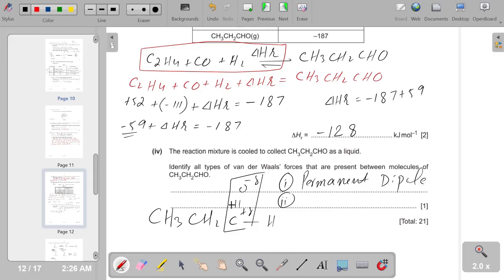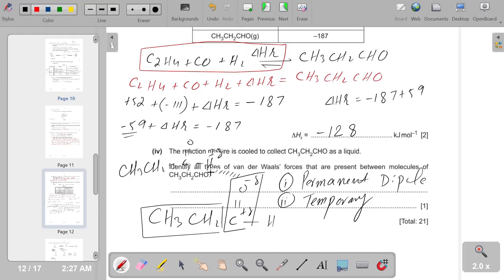Number two, you can see this organic area. Because of this organic area, it can induce temporary forces as well. Why temporary? Because when this molecule comes close to another similar molecule, for example CH3CH2CHO with this hydrogen positive, it can also induce a temporary dipole between this hydrogen and the oxygen area.